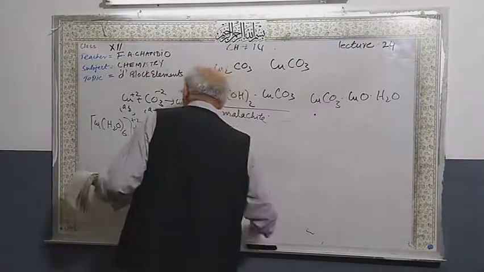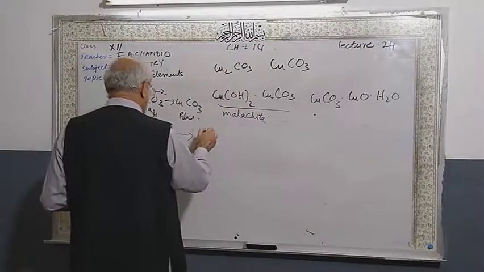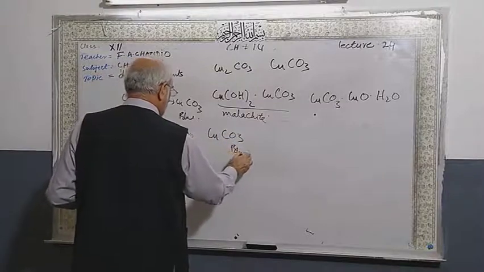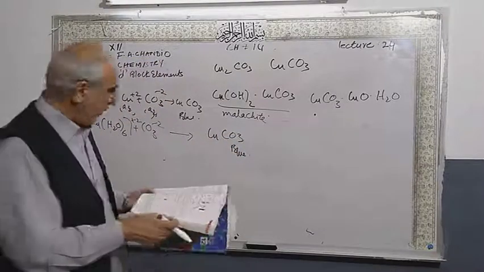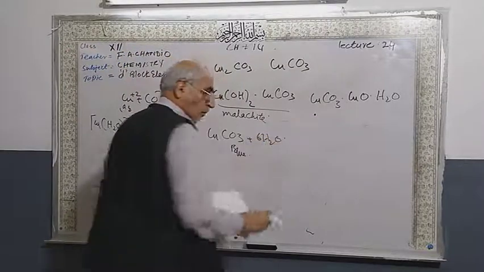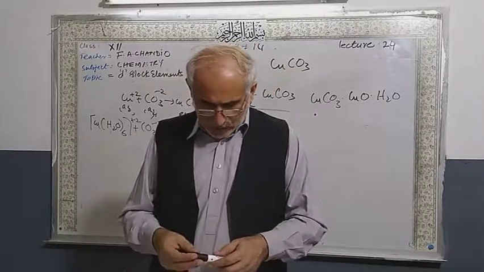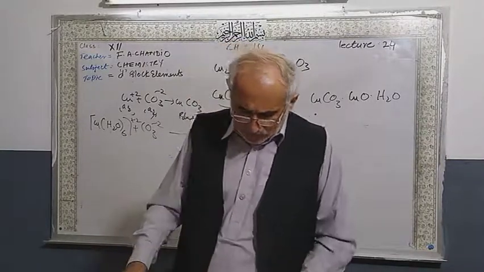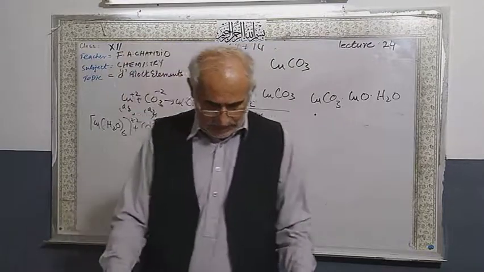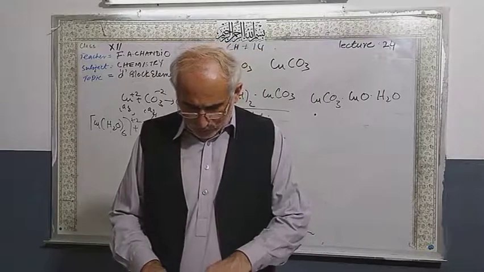Hexa aqua copper 2 with carbonate, and you will get the copper carbonate blue color, and with that 6 water molecules. So this hexa aqua copper 2 with the carbonate light blue color changes into copper carbonate, which is a dark blue precipitate. Do these questions.